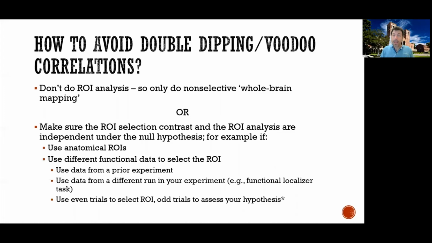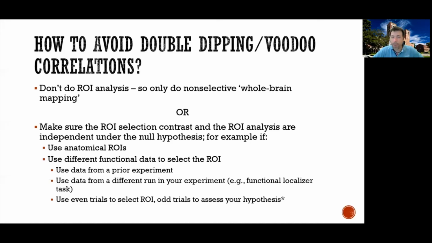All I do in that run is show faces and then nothing, faces, nothing, faces, nothing. And then I use that contrast to isolate the part of the brain in each participant that responds to faces. This way, I select my ROI, and then I apply my ROI to different runs when I'm doing some other task of interest. And I will want to assess whatever the contrast of interest is in the ROI that I defined on a different run, on my functional localizer.